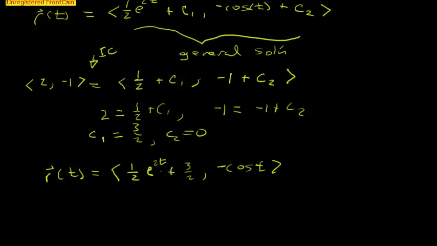And plugging in the value of t equals 0 gives us 1/2 plus 3/2 is 2, which is what we wanted for our initial condition. And similar for our y component, taking the derivative gives us sine of t, which we wanted. And if we plug in t equals 0, we get negative 1, which we wanted. So this solution checks out.